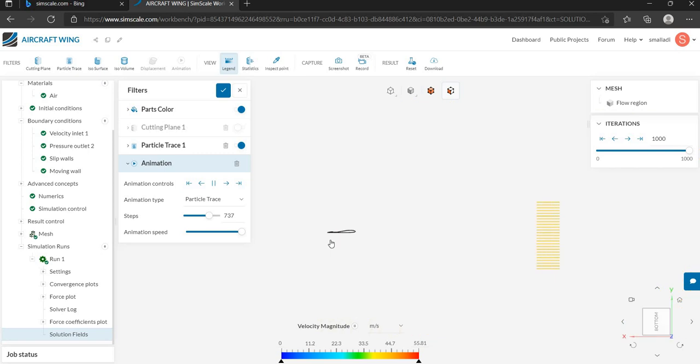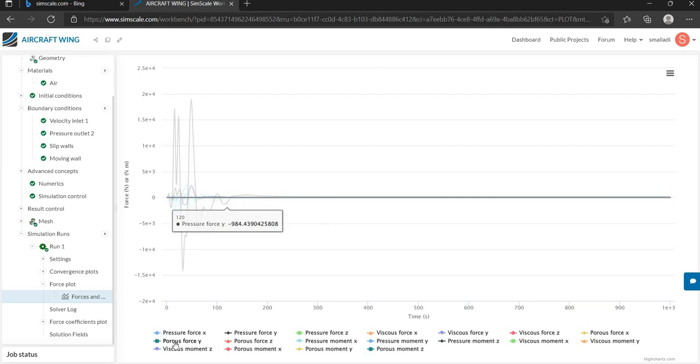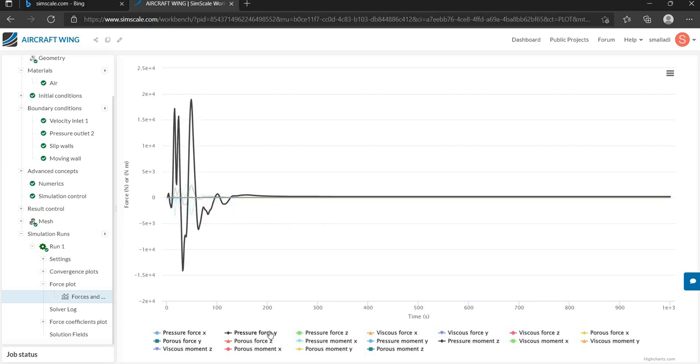Next, to analyze the values of lift and drag forces, go to force plot, go to forces and moments. Here the pressure force X is the drag force and pressure force Y is the lift force. Apart from those two, disable the other options.